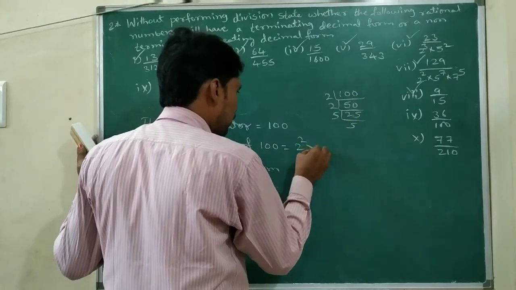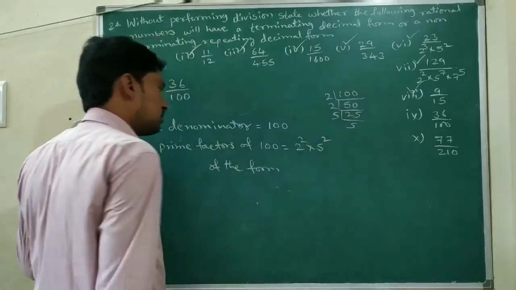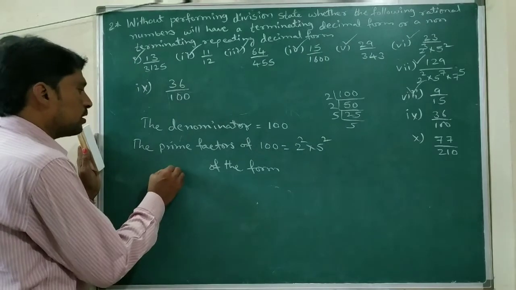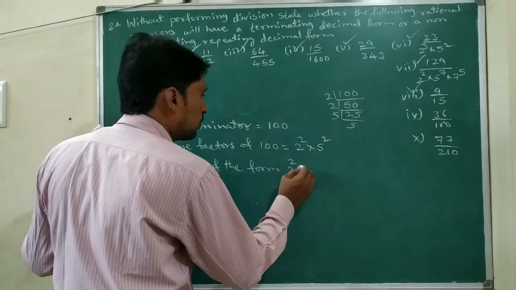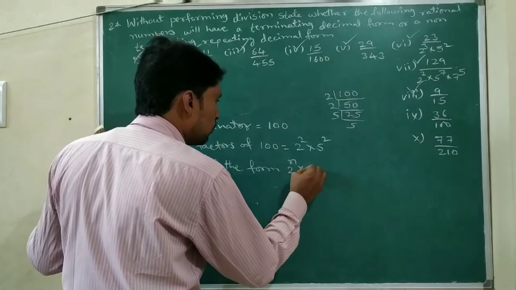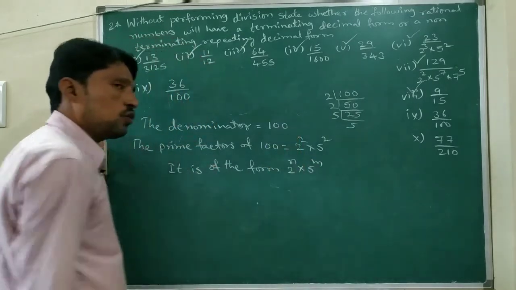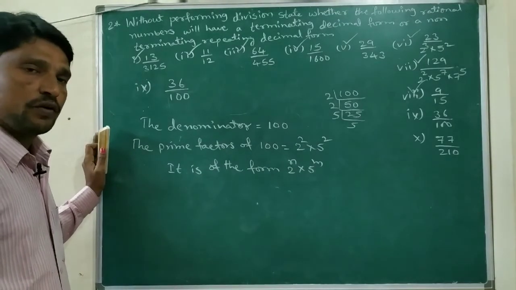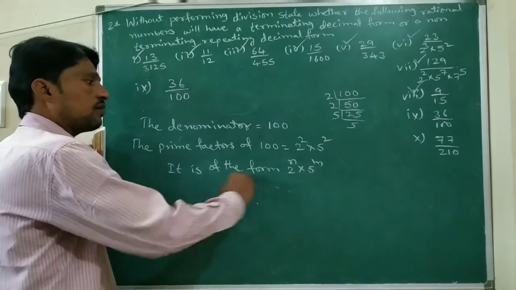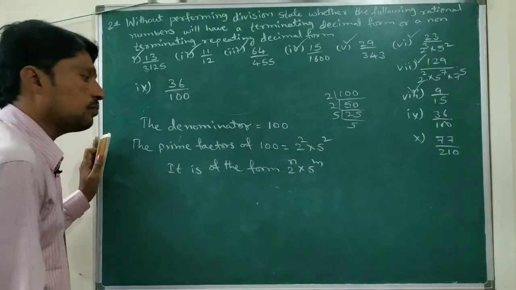Means 2 square into 5 square we can write. So it is of the form 2 power n into 5 power n. 2 power 2 is 2 power n, 5 power 2 is 5 power n.